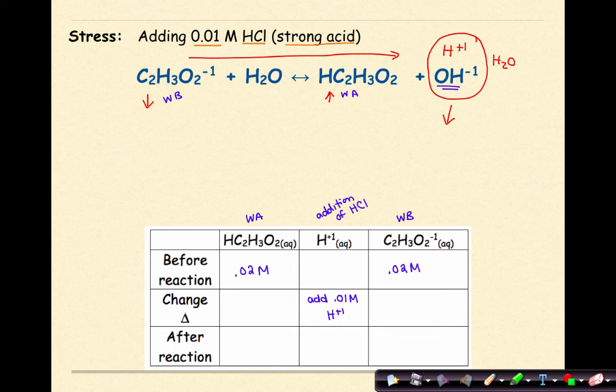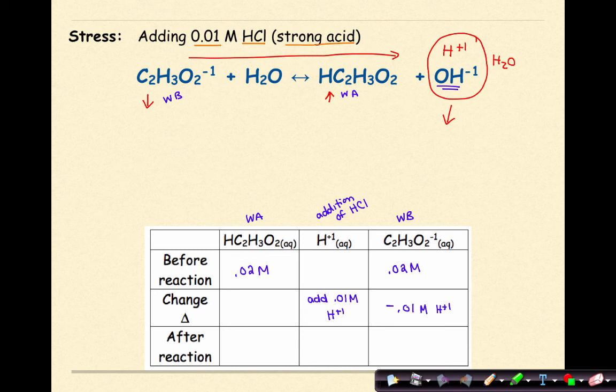In order to counteract the addition of this 0.01 molar, hydroxide ions in solution will be used. Therefore, my concentration of my weak base is going to go down because that, in effect, is what is neutralizing this addition of hydrogen ions. So in this column under weak base, I'm going to say minus 0.01 molar, because that is what my weak base is ultimately doing by shifting to the right and replacing the hydroxide ions that were lost.